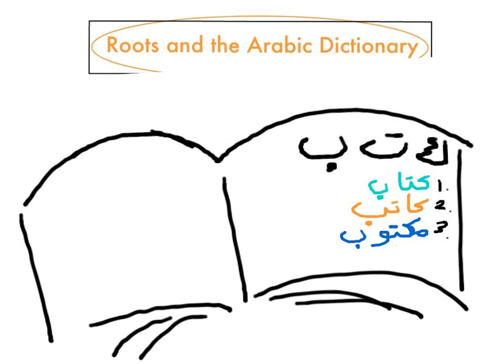And on this page also, you might see another root on the top, such as kabara, in the middle of the page you might see another root, which is kathara, and as we explained with the root katab, different variations come under that root.